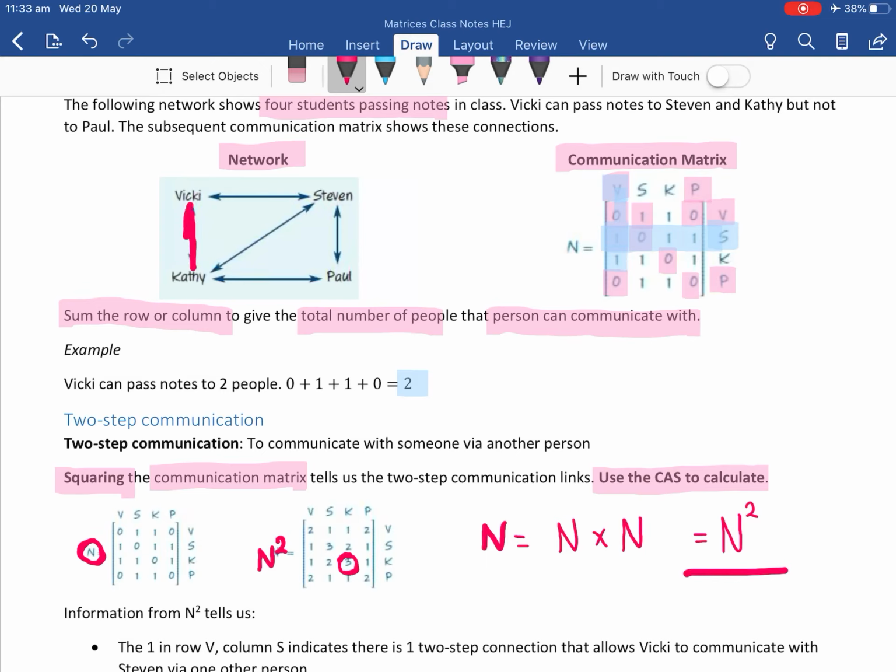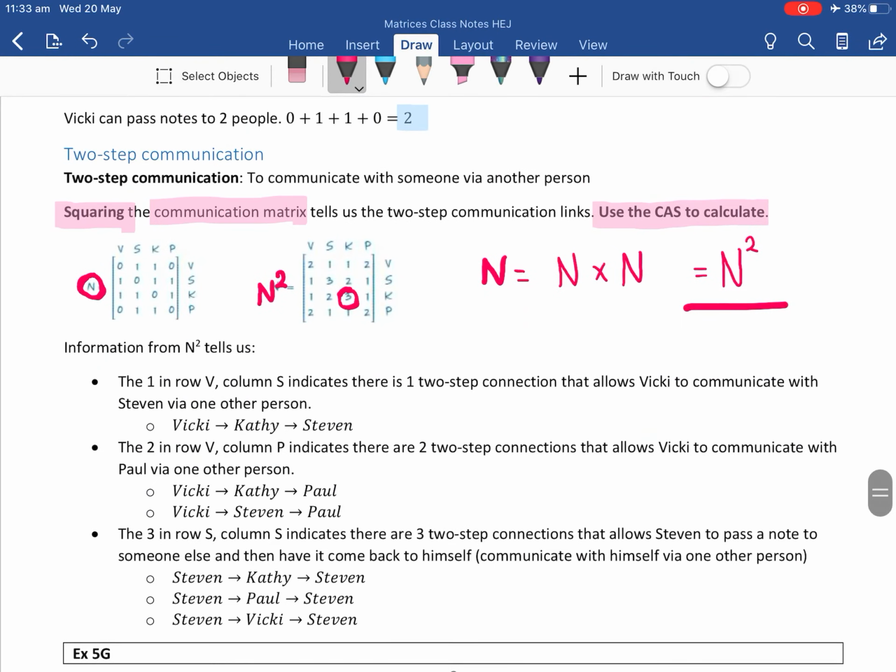So she can send a note to Vicky and she sends it back. Your first step is going to Vicky, the second step is coming back. So that's one way she can do it. She can do that with Stephen, send a note to Stephen, first step, second step back, and same with Paul. So there are 3 ways that there are 2 steps of communication. That's what this 3 means in the matrix.